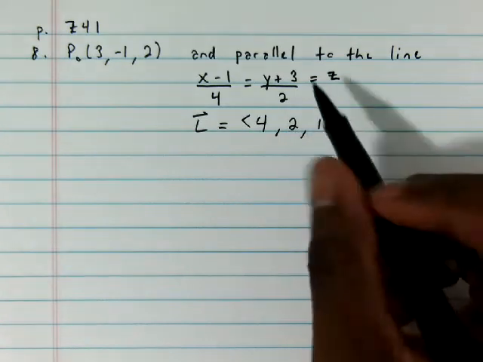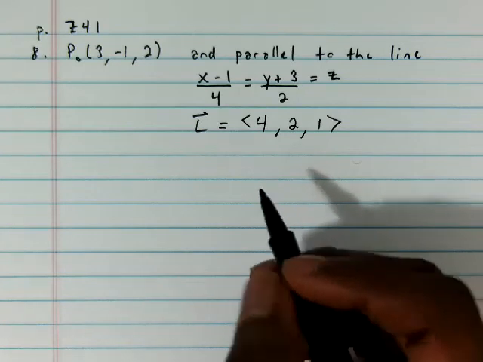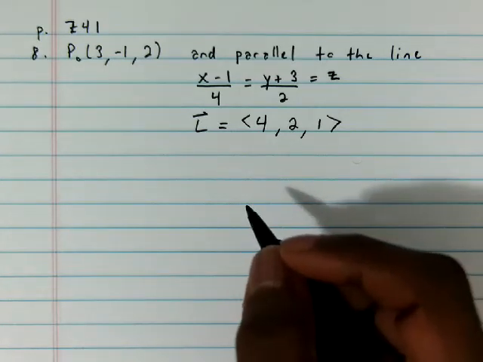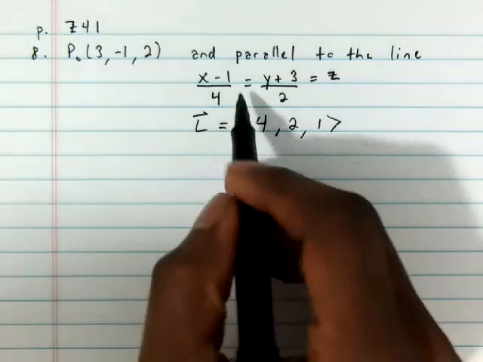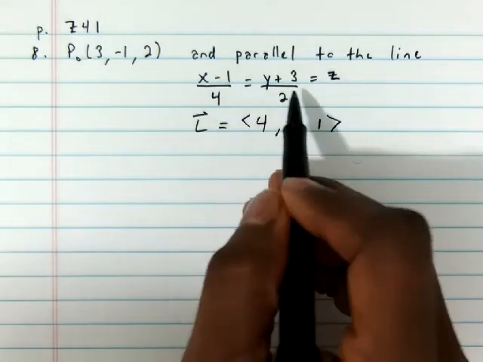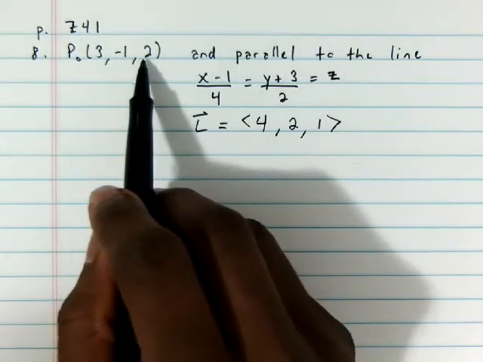All right, so now we have a point on the line and a vector parallel to the line, and we can easily find our parametric equations, which is what they asked for. So don't mistakenly use x naught, y naught, and z naught from the given line. We need to use this point's x naught, y naught, and z naught.